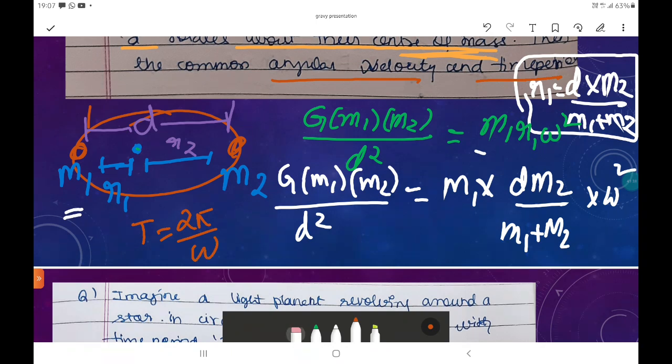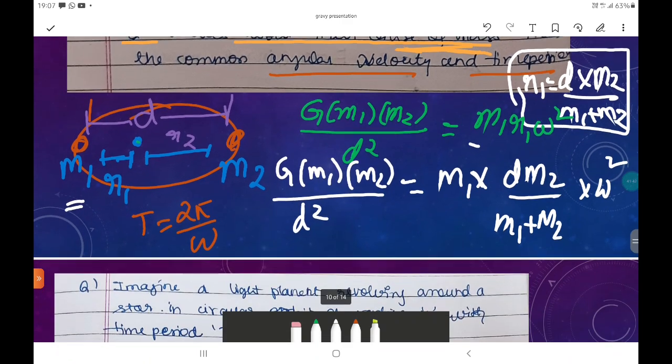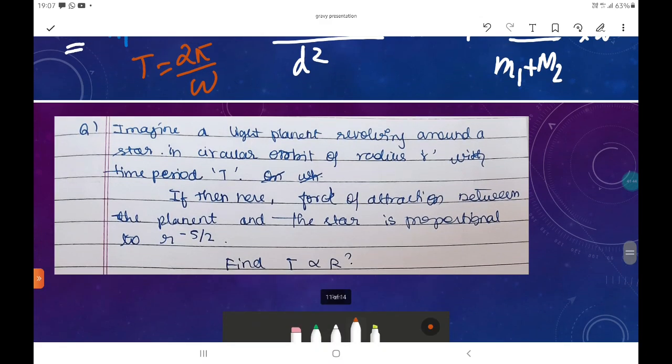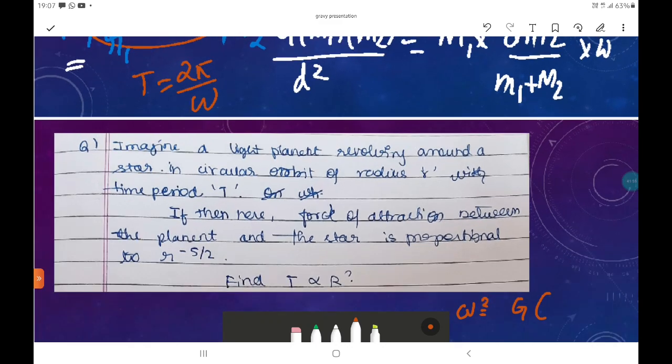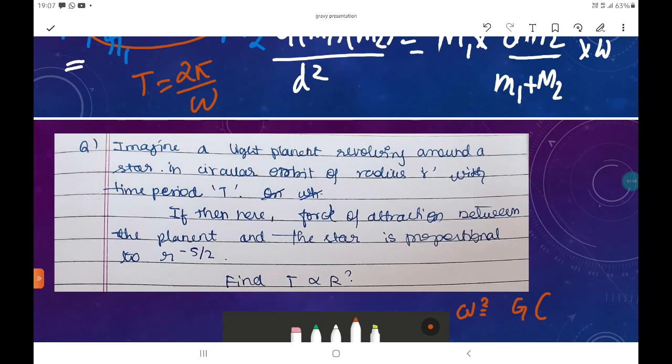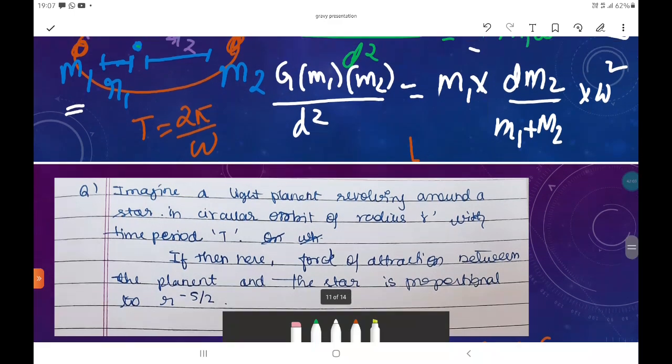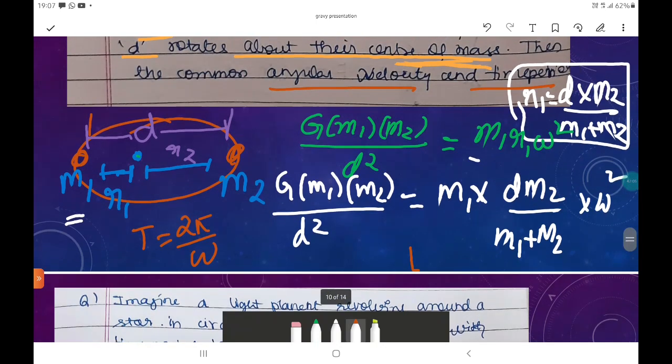If you solve this equation, I don't have an extra slide, okay, I will do it here. If you solve this equation further, what will you get? Omega square is equal to G into this. m1 m2 will go to that side and m1 will get cancelled, and this m2 will get cancelled.